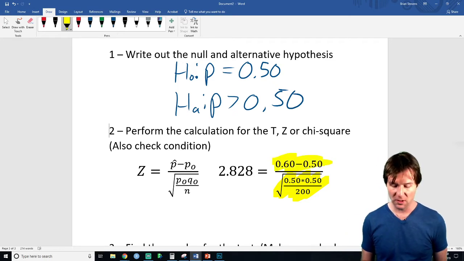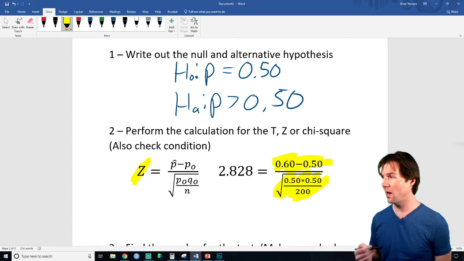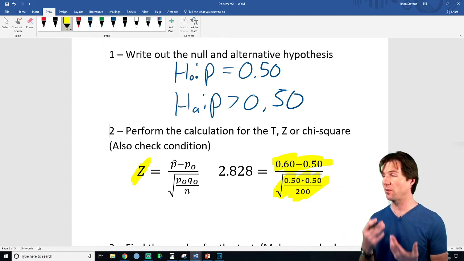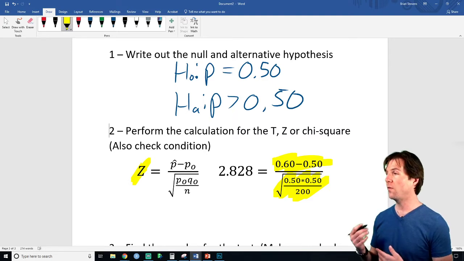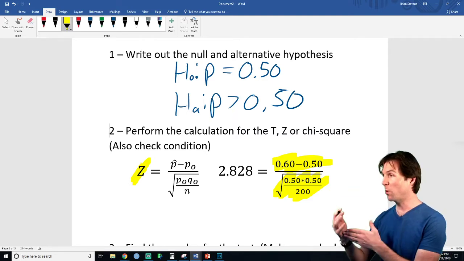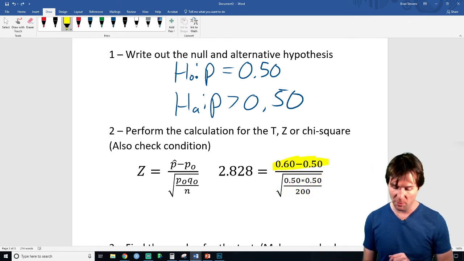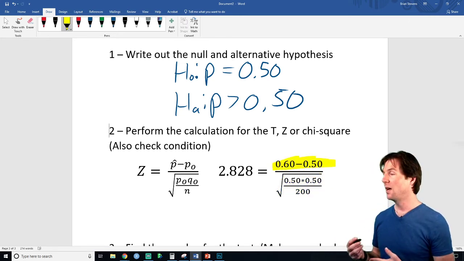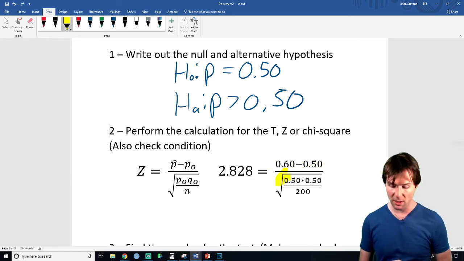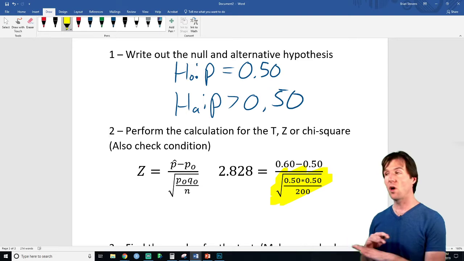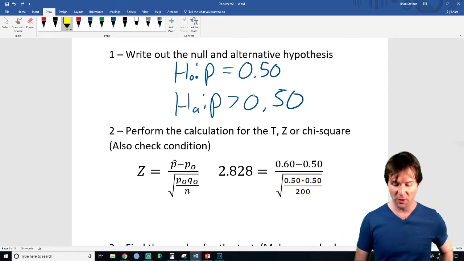A difference standardized is a z-score. Just like observation minus mean over standard deviation is how many standard deviations the observation is away from the mean. Now we're just figuring out how far away the sample proportion is from the null proportion. That is the top of the equation. How far is the sample proportion from our null proportion? And then what happens when we standardize that difference to turn it into something we can use as a z-score? That's all we're doing here, and the answer is 2.82.